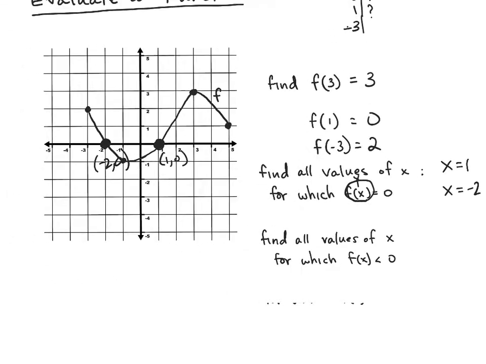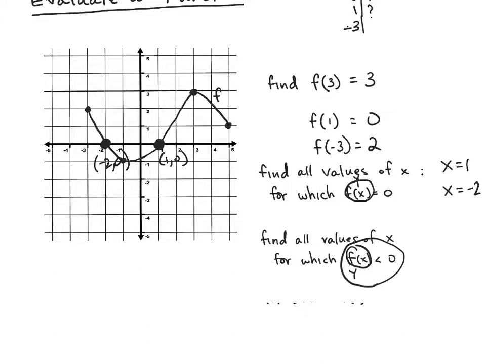Now the last question here, find all values of x for which f of x is less than 0. And again, f of x on a graph at least, you can think of those as y values. So we need to find points on the graph that have y values that are less than 0. And then once we find those points, what are the x values of those points? So on a graph, y values less than 0 means underneath the x-axis.